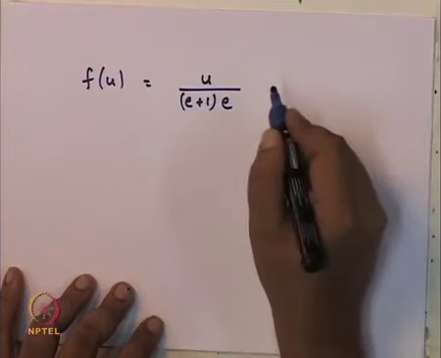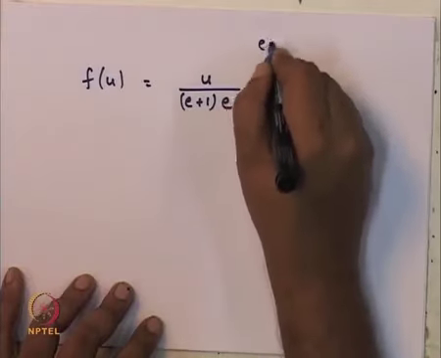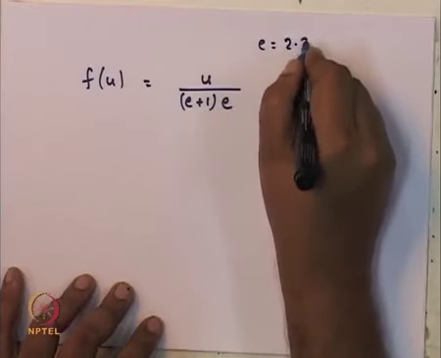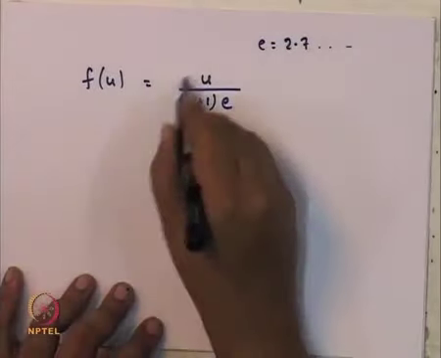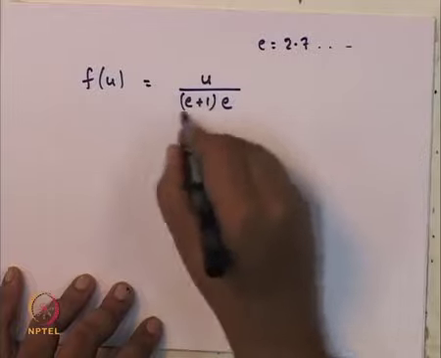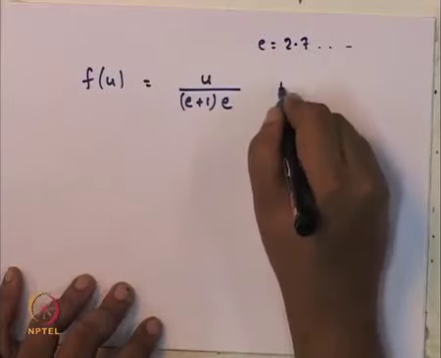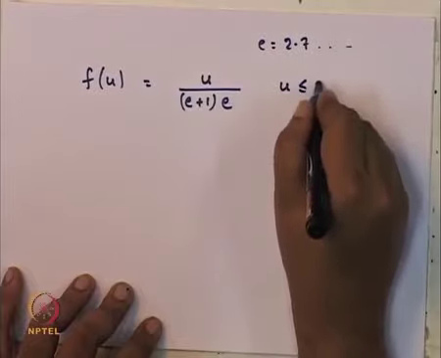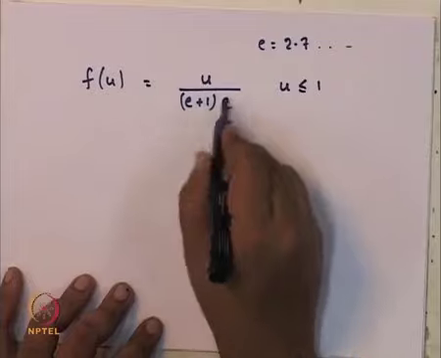Here e of course is the number e, 2.7 something something something. This is the equation for f(u) for u less than or equal to 1. If you look at this, this is really linear.